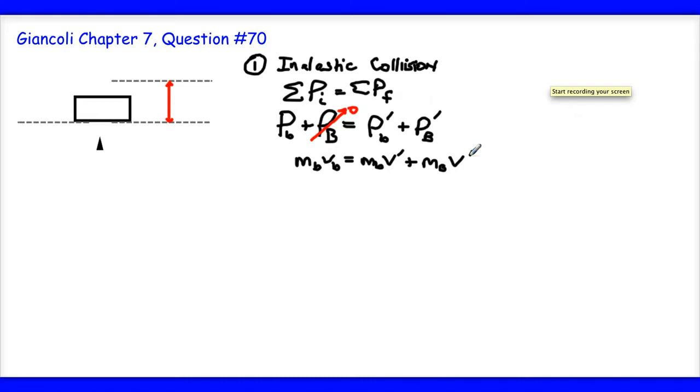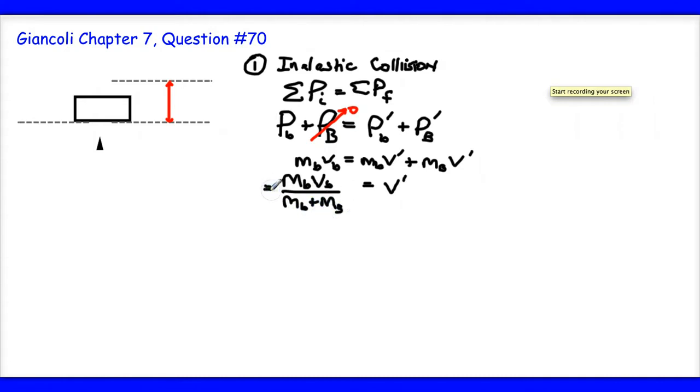Again, that's combined. So I could factor out v prime. We've seen that a bunch of times, so I'll consolidate that step, and I'll be left with v prime equals m_b v_b divided by the total mass, the mass of the bullet plus the mass of the block together.